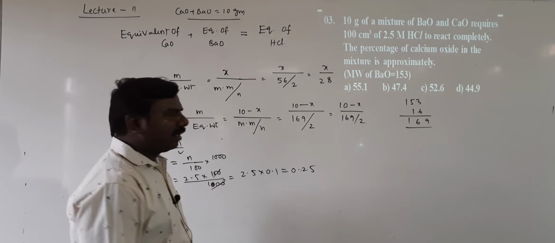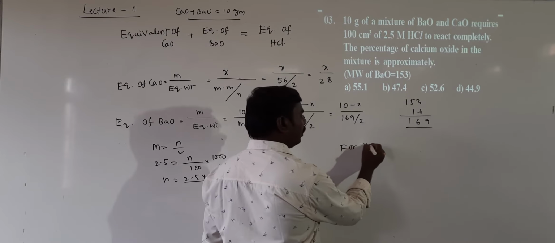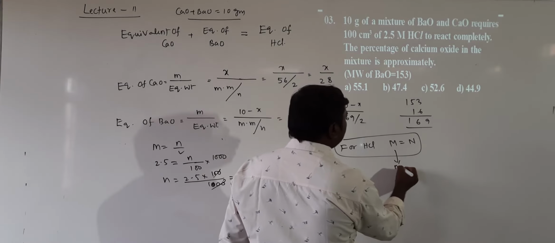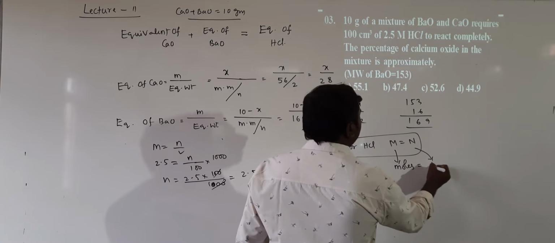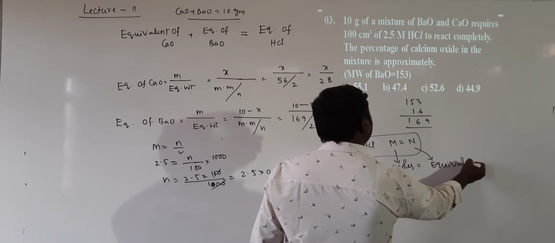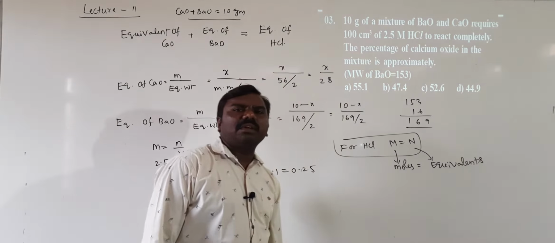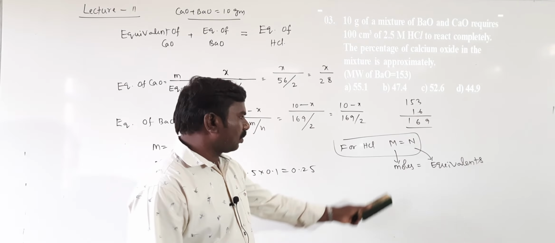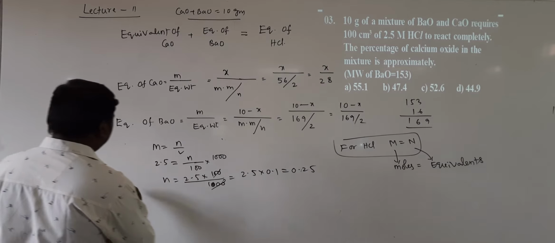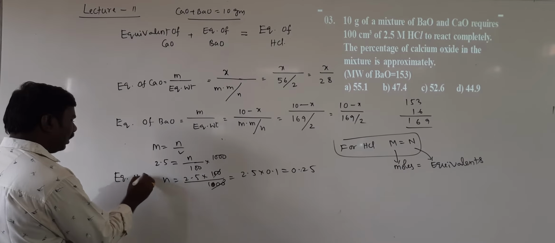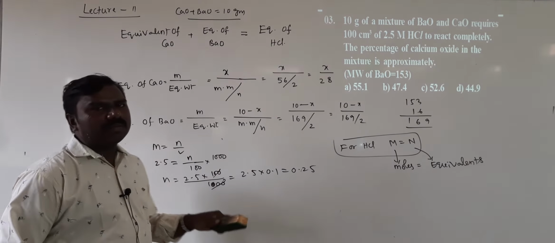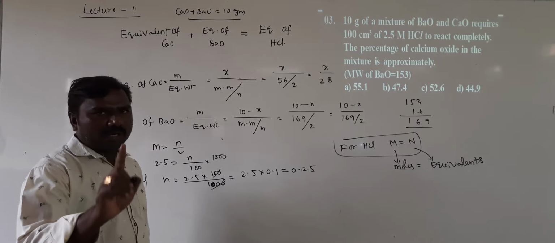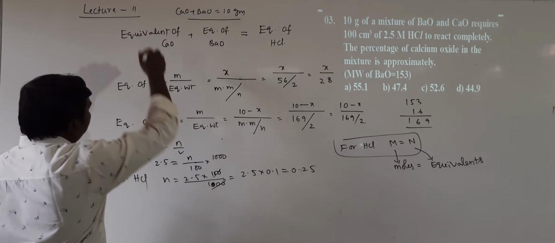And students, for HCl, molarity equals normality, moles equal equivalents, because the n factor equals 1, only one H plus is there. That is why these are simply equivalents of HCl. Now equalize all this.